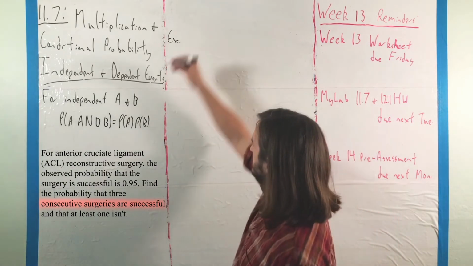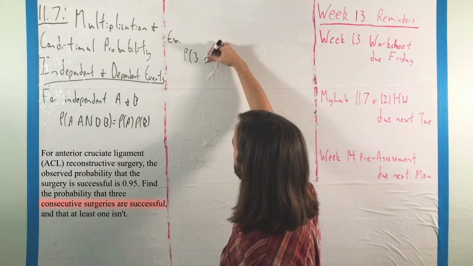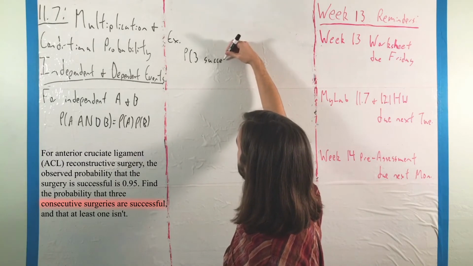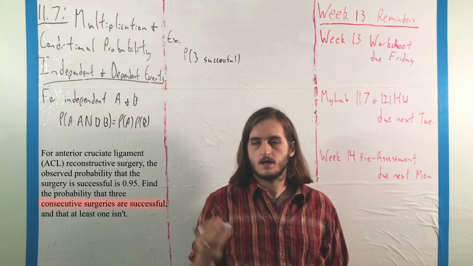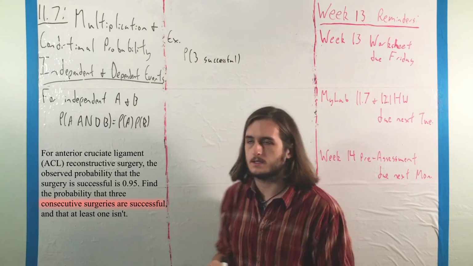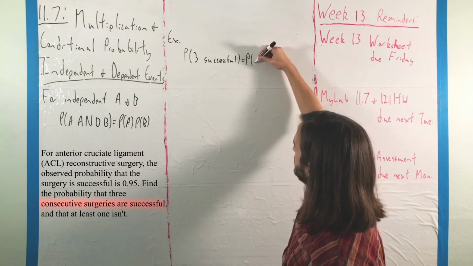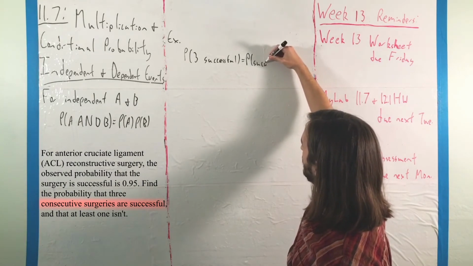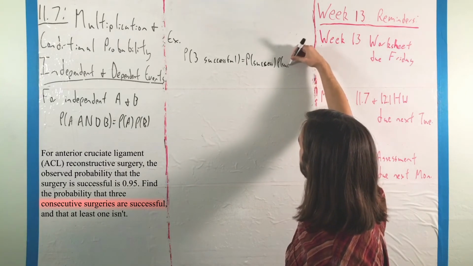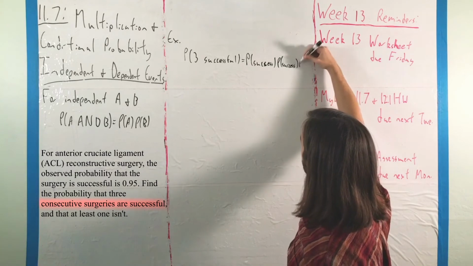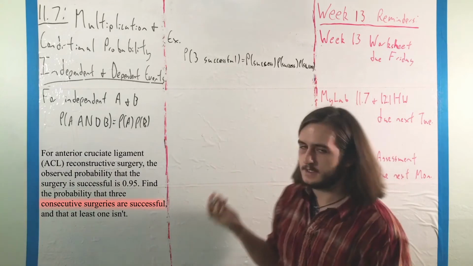So here, if we want to get the probability of 3 successful surgeries, really all we have to do is extend our idea of independence to 3 cases. The probability of 3 successes is just the probability of 1 success and another success and a third success that I don't really have the space for on here, but I think you get the idea.